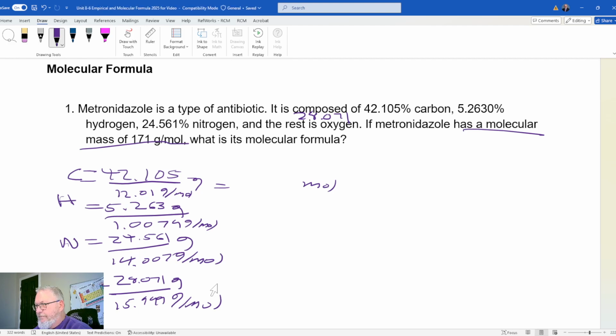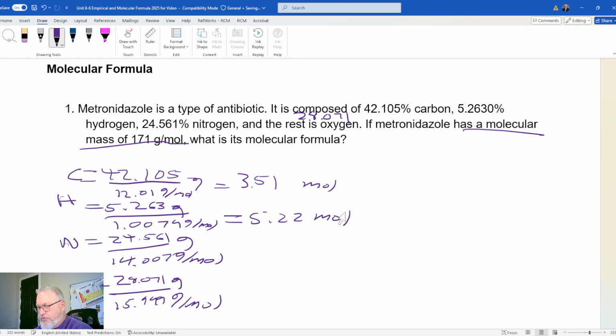42.105 divided by 12.01, I get 3.51 moles. Hydrogen, 5.263 divided by 1.0079, I got 5.22 moles.